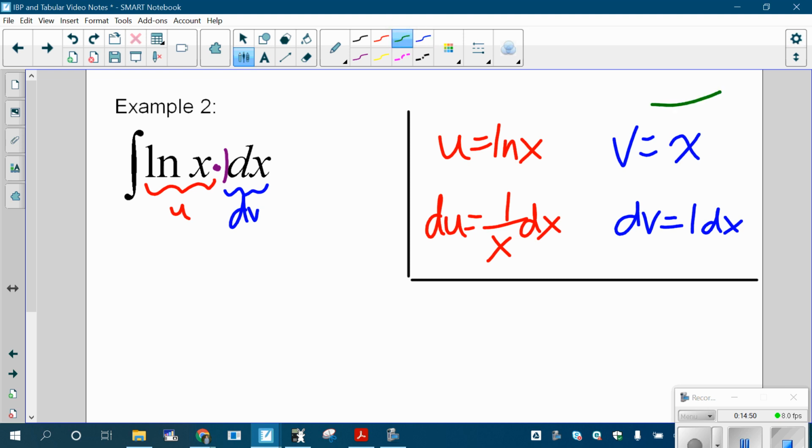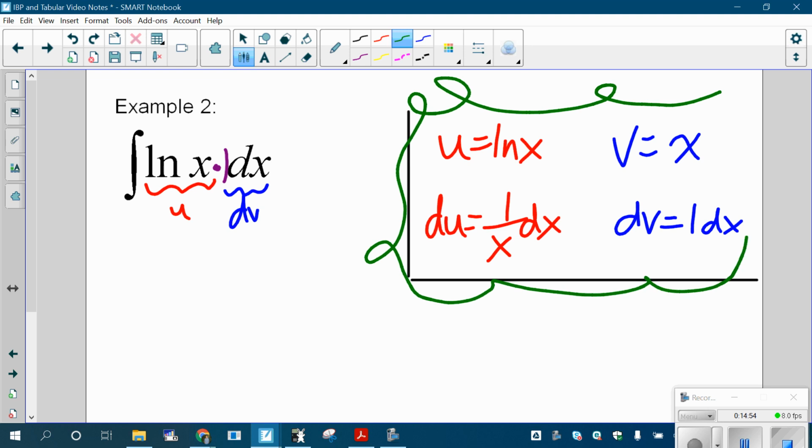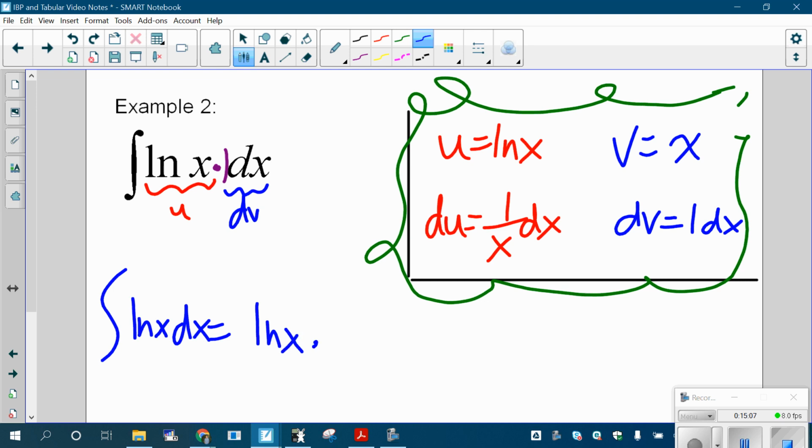Put it in an integration by parts pillow, very important. I can use my formula. The integral of u dv equals uv minus the integral of v du.